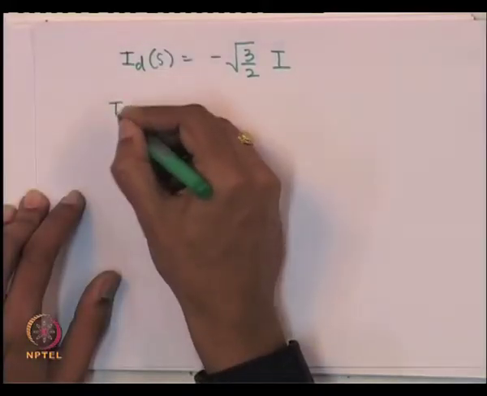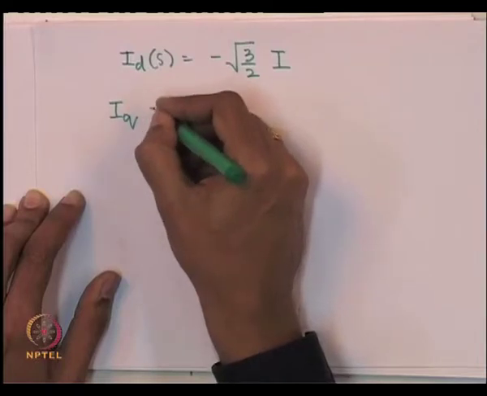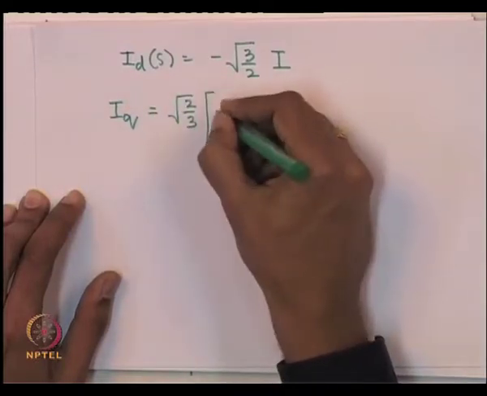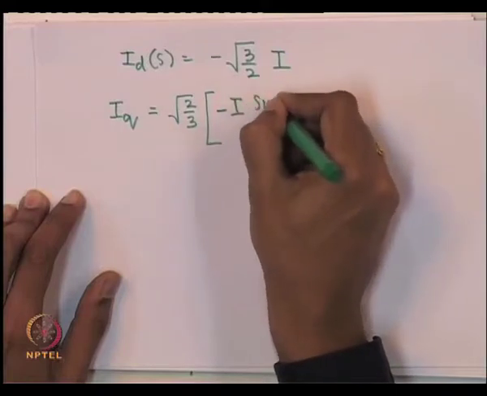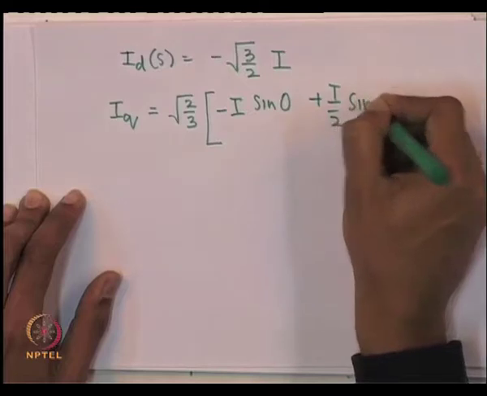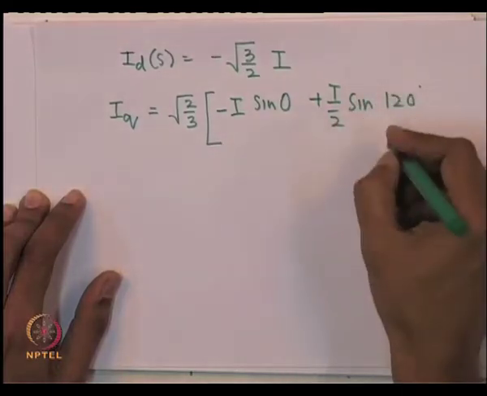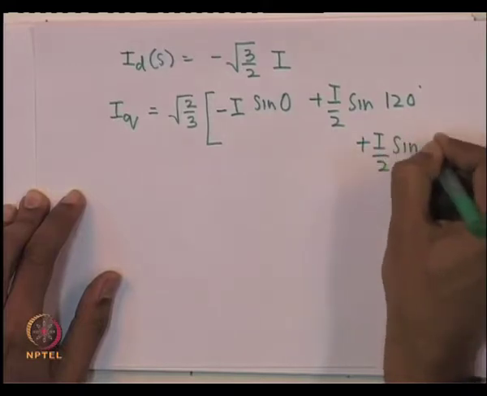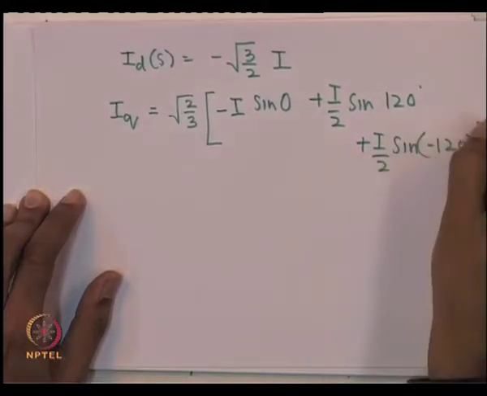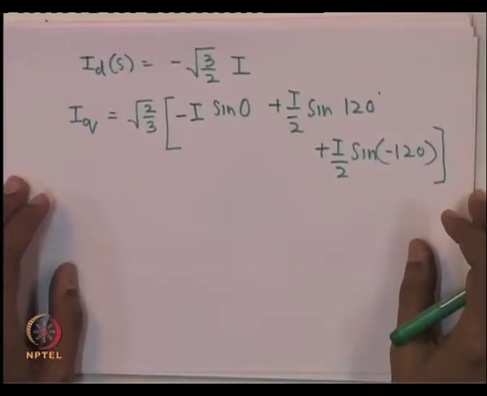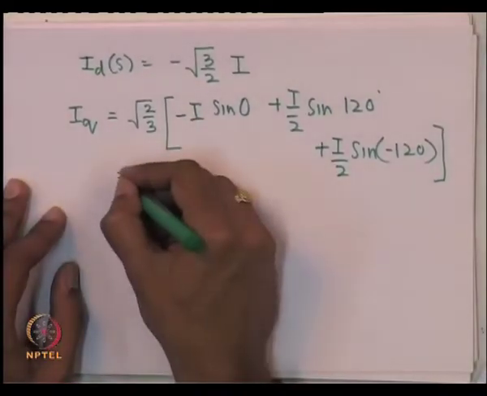I q, you can take this out very quickly. I will just write it down: minus of I into sine of 0 plus I by 2 into sine of 120 plus I by 2 into sine of minus 120. So, this turns out to be equal to 0.